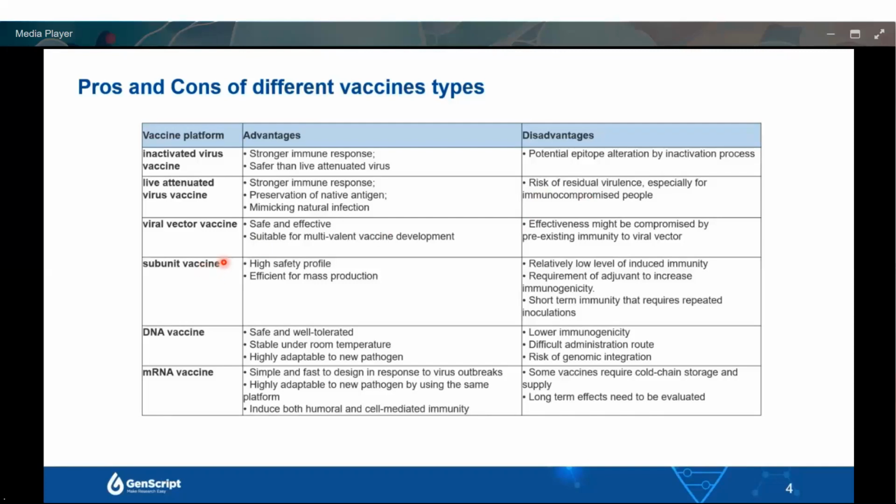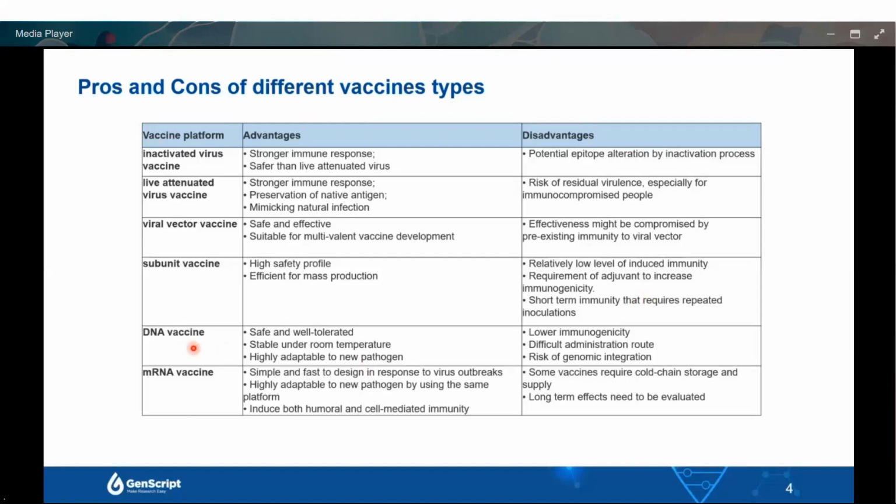For viral vector vaccine, it's safe and effective, but the effectiveness might be compromised by pre-existing immunity to the viral vector itself. And for subunit vaccine, it's highly safe, but it needs adjuvants to increase the immunogenicity.